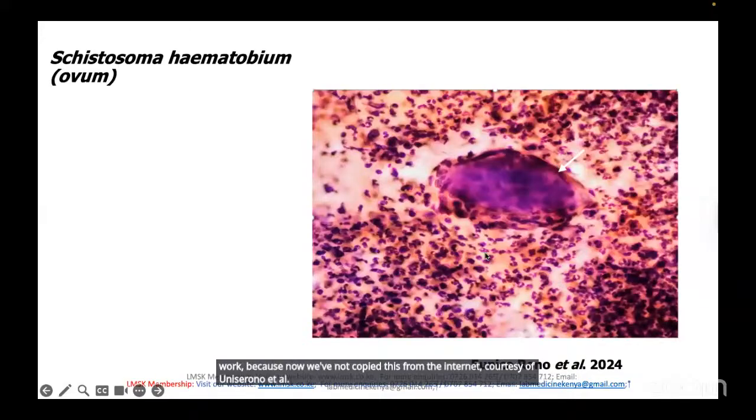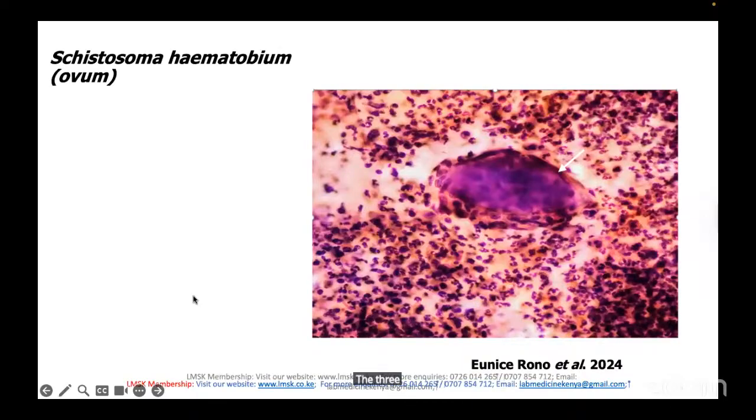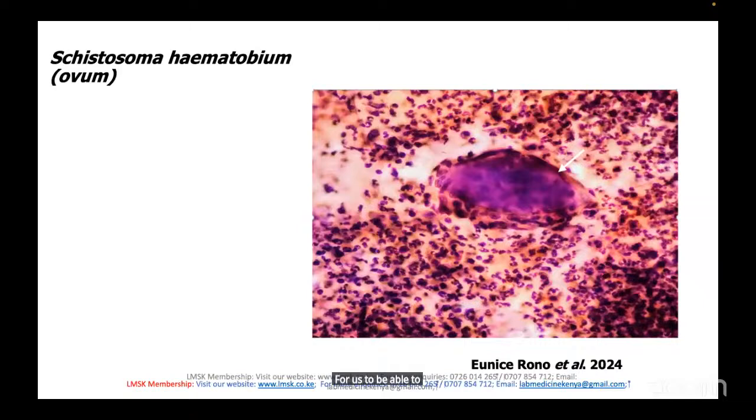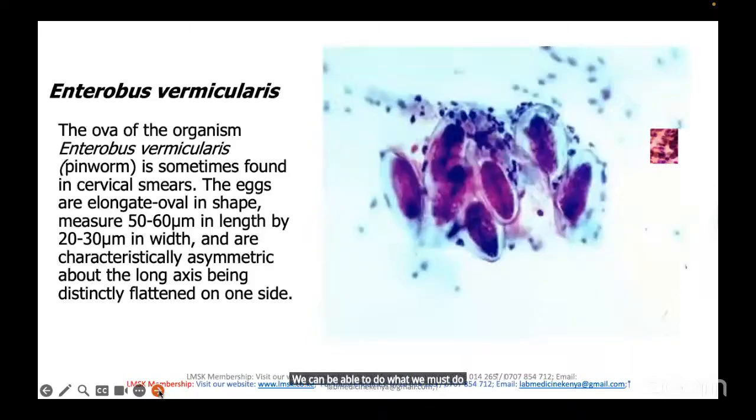She was able to identify Schistosoma haematobium in a pap smear. So it's important to know that we laboratory professionals play a critical role in infectious diagnosis, giving such a diagnosis without really waiting for histopathological diagnosis. We can do what we must in our capacity for better patient management.